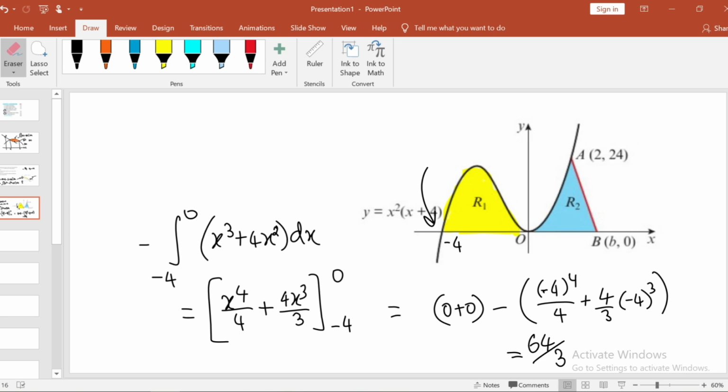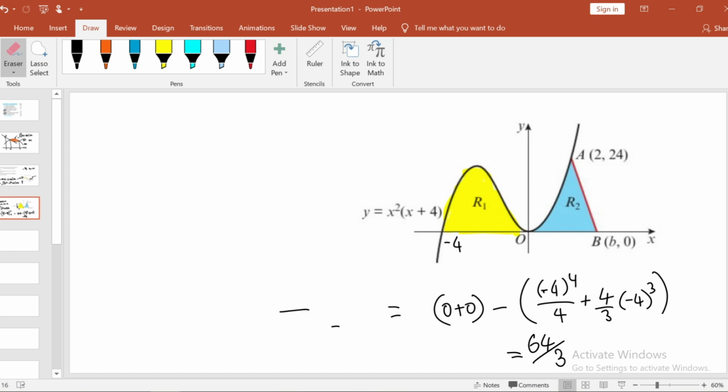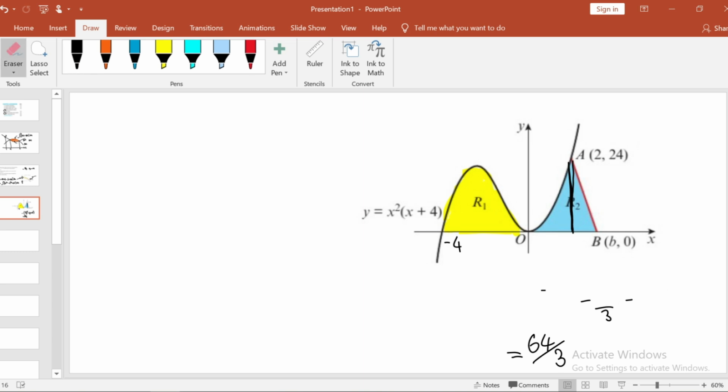Now I want you to think about it and tell me, how do you find the area R2? You create a straight line for AB. Exactly, you need to draw a straight line here, right? And then the x coordinate is 2, the y coordinate is 24, right?